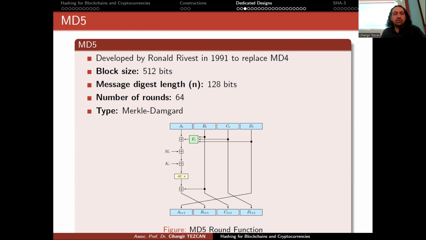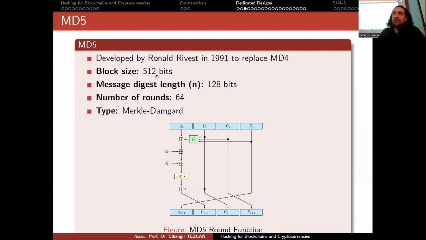I teach Turkish high school teachers who teach computer science, and they were teaching MD5 in their lectures as if it is a secure algorithm, and they kept using it for their personal use. Unfortunately, it is not. It was again developed by Ronald Rivest in 1995, to replace MD4.